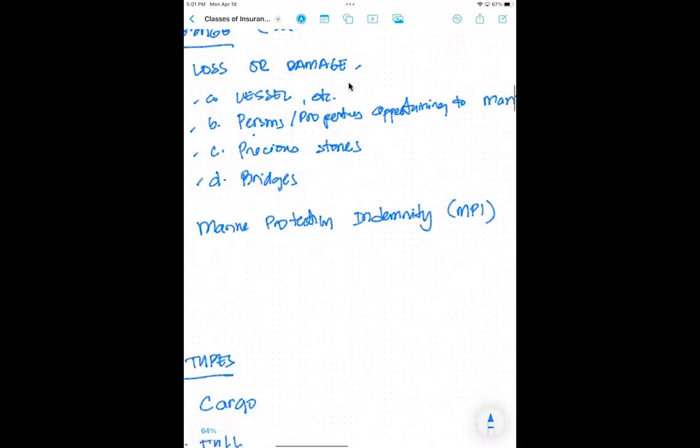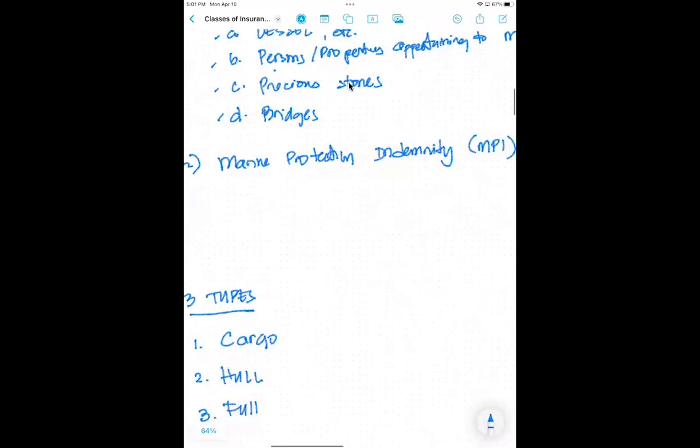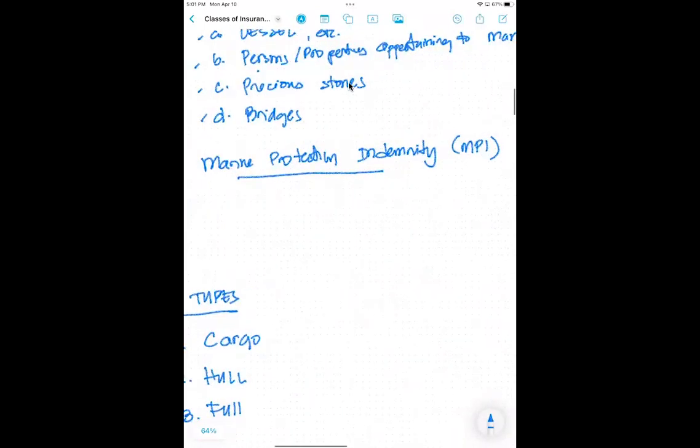Now the second part of section 101 is what we call the marine protection indemnity, or MPI. This is a catch-all provision. It mainly says that marine insurance may cover everything related to marine operations. So very important: marine protection indemnity, everything related to marine operations.